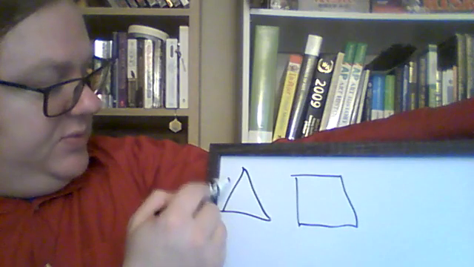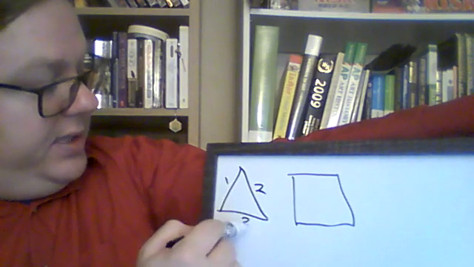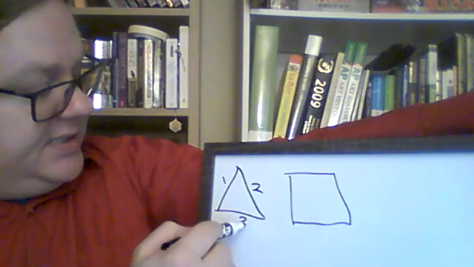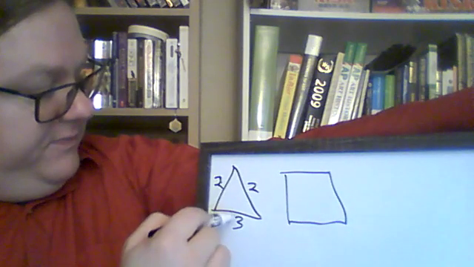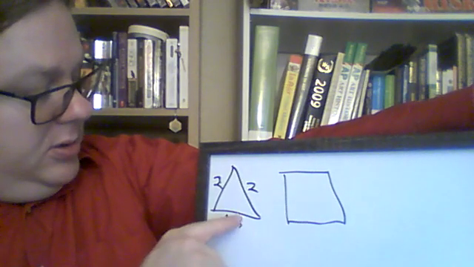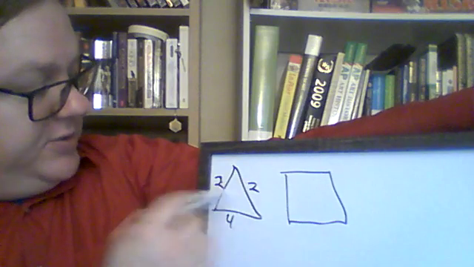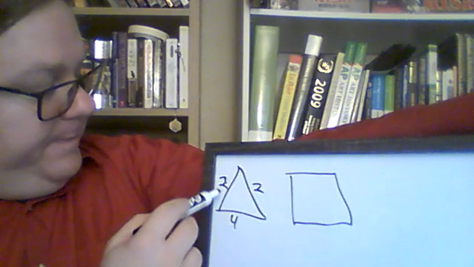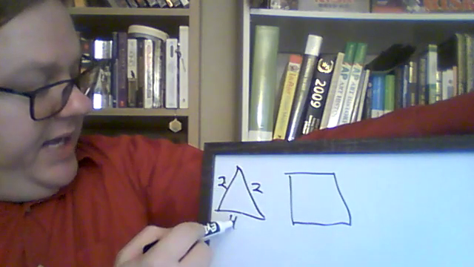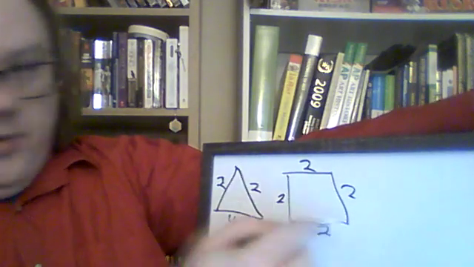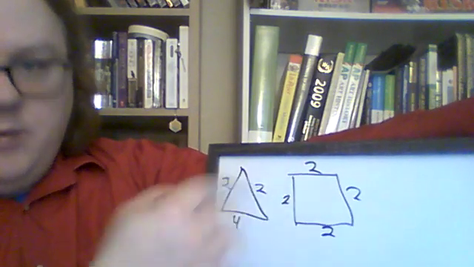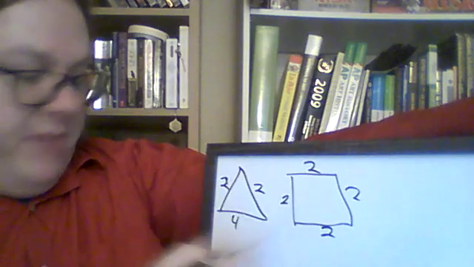But let's say if this was 2, 2, and 4, then that would be 8. Then you could make this 2, 2, 2, and 2, and they would be equal. See, that's kind of what we're getting at, is they have the same perimeter.